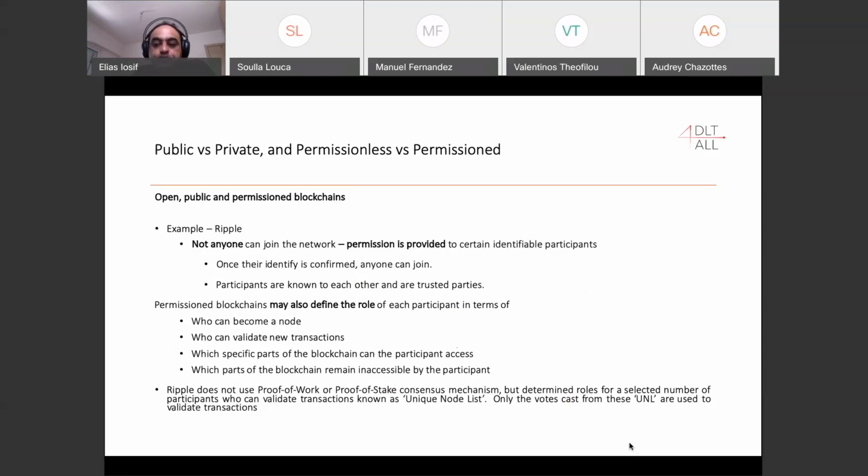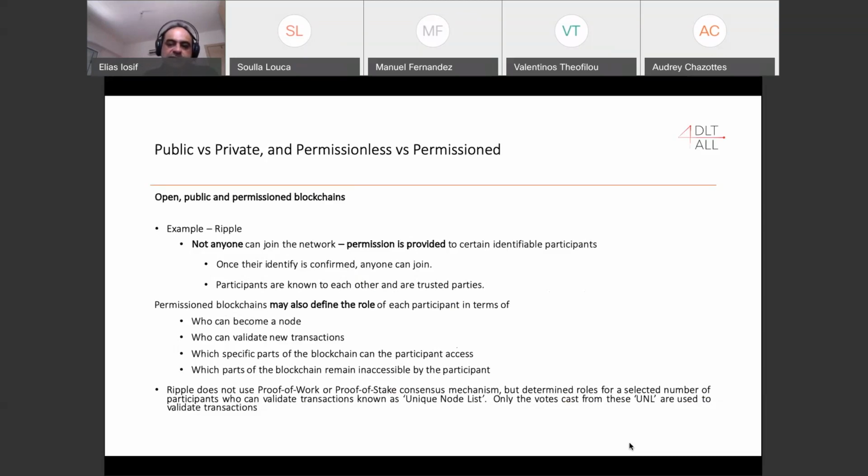So there is certainly, I would say, a multi-level permission network. The key characteristic of the unique node list, the UNL list, is that only the votes that come from the members of the UNL list are being considered for validating transactions.